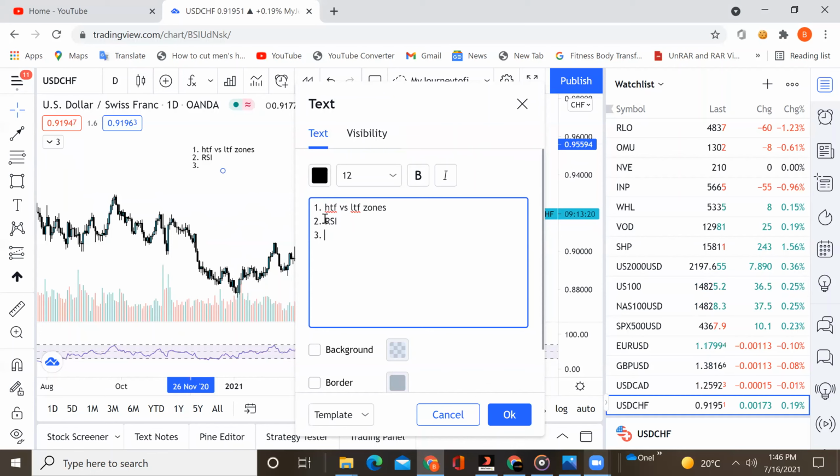Three, we can add FIBS as our confirmation. Four, you can have M's and W's, or double tops and double bottoms. Five, we can have candlesticks as confirmation. And six, we can have retail chart patterns as confirmation.